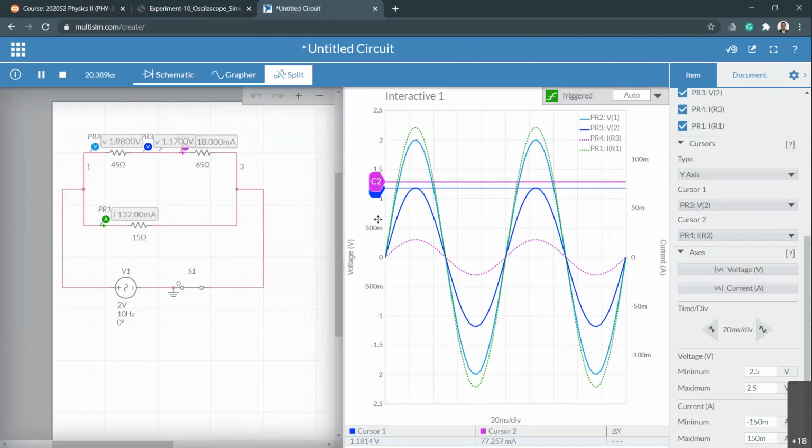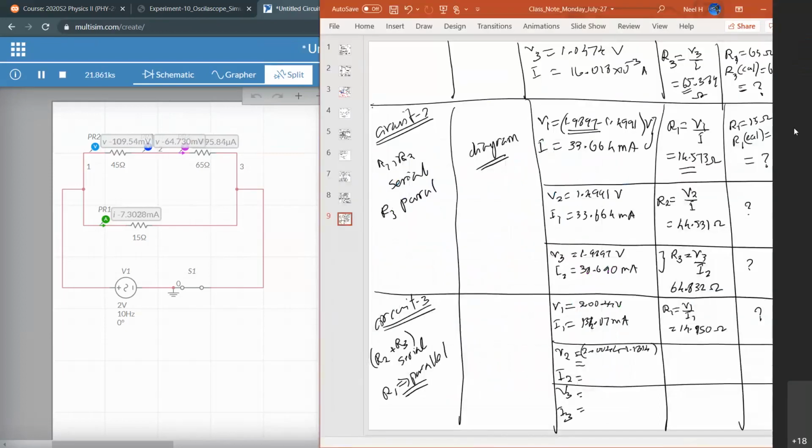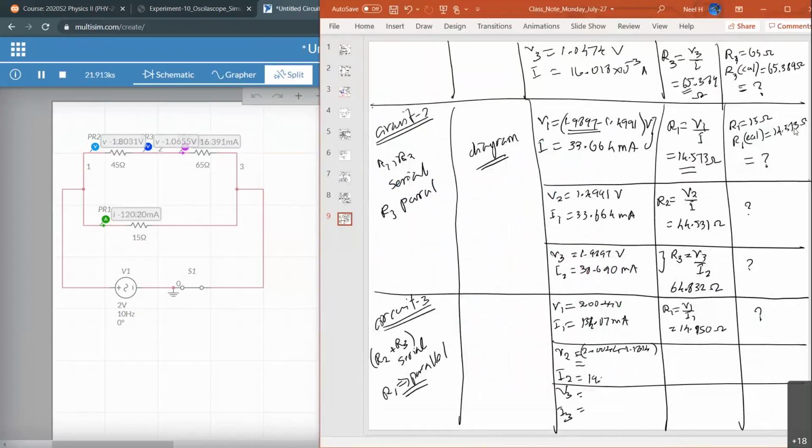So click and drag the pink color cursor to the very top of the pink sinusoidal curve. You have to change the position very slowly. Okay. All right. Now read that number, 19.381 milli. Okay. And then let's calculate that.